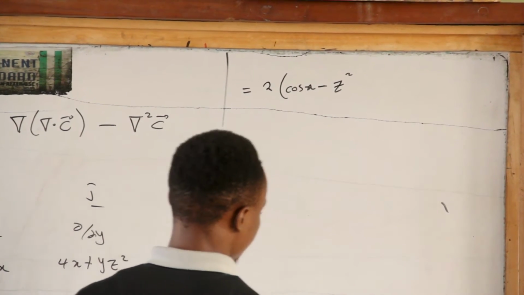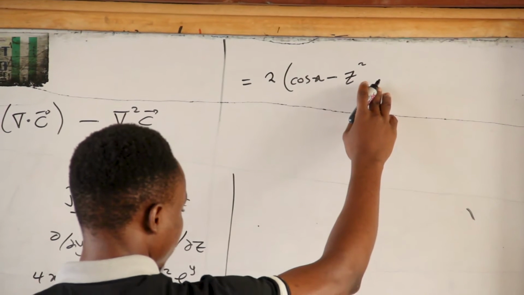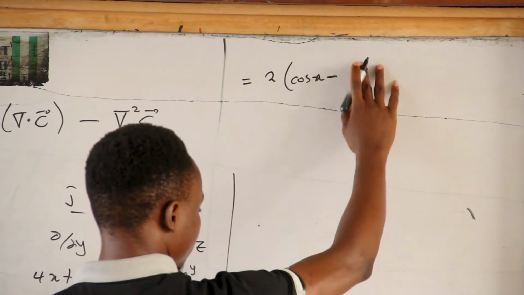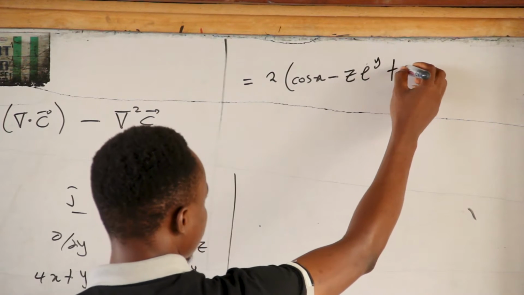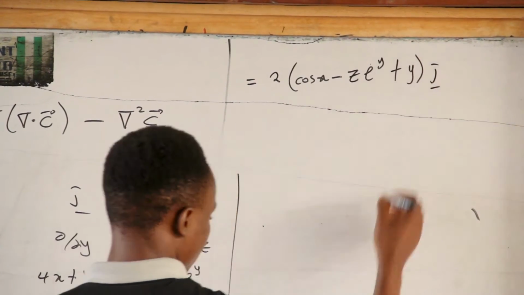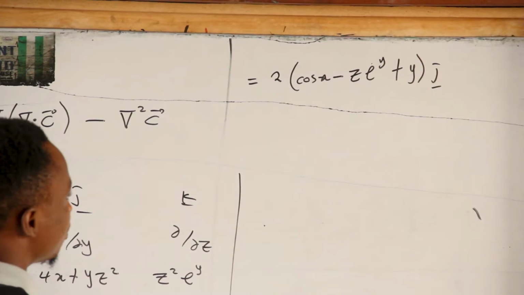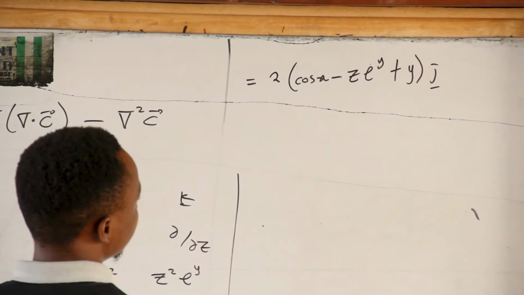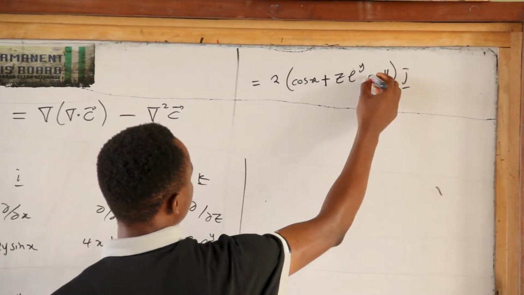This one becomes plus, minus z squared, minus z to the power y plus y. If you want, the minus becomes plus, and then this becomes minus.